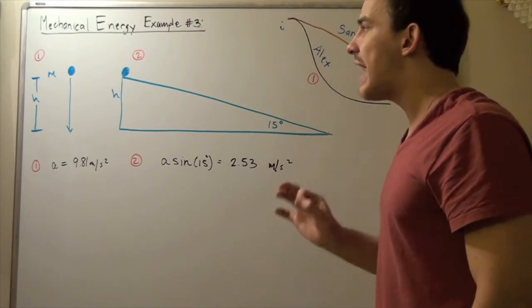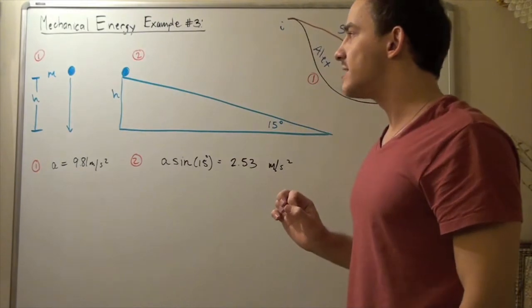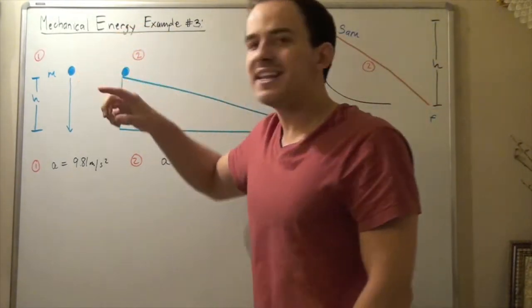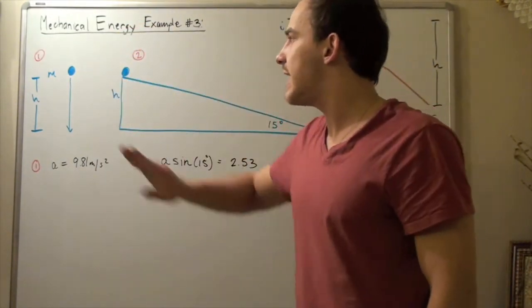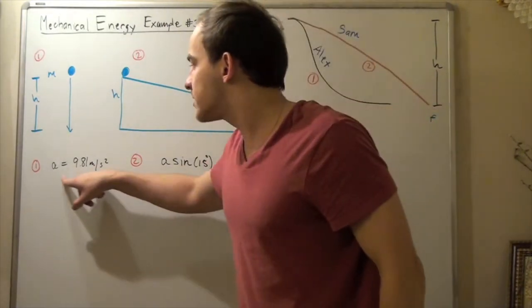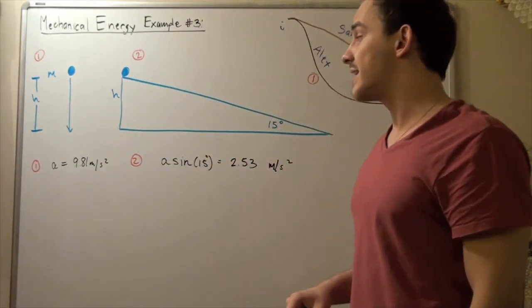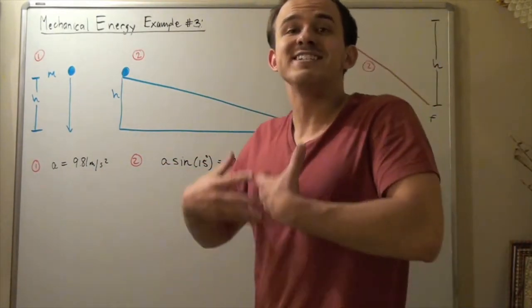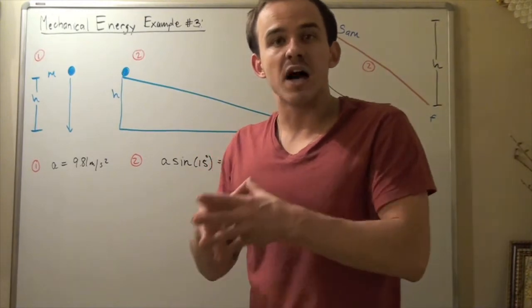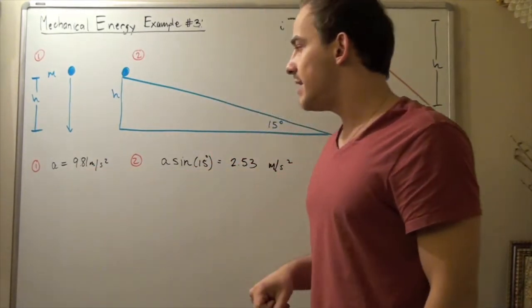To see this, we have to find what the acceleration of both objects is. Well, object number 1 is in free fall. We're neglecting air resistance or any type of friction, and that means our acceleration going downward is 9.81 meters per second squared. That means every second the velocity of the object increases by 9.81 meters per second.